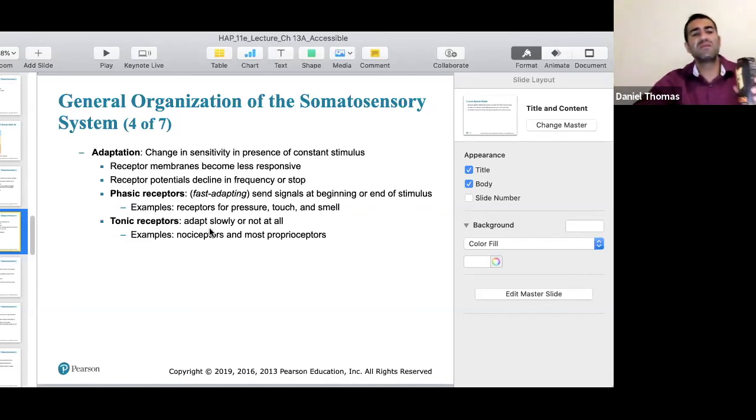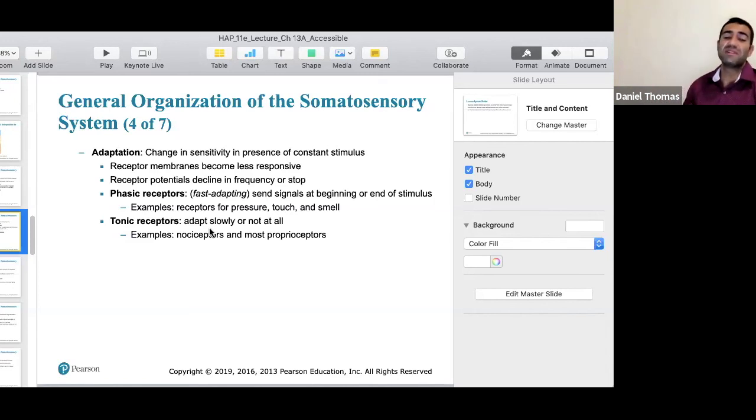So we're going to talk about two types of adaptations. Well, more like whether or not it's going to adapt or not. Now, let's say there's a constant stimulus. Your body has two options here. One is for you to adjust to the stimulus, meaning that the neuron is going to activate, it's going to be very powerful, and then all of a sudden it's going to get weaker.